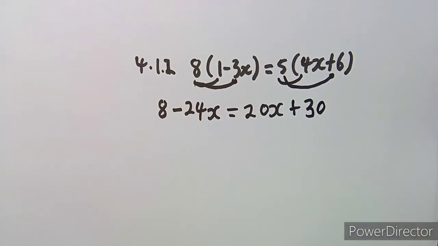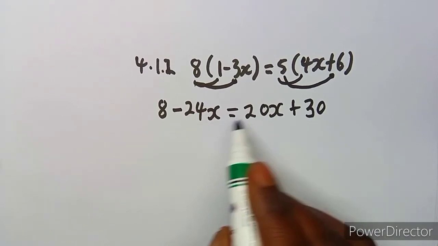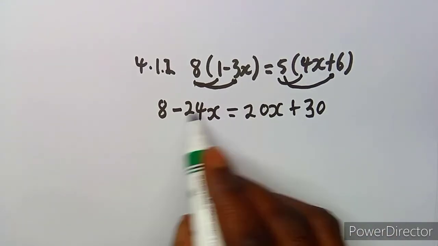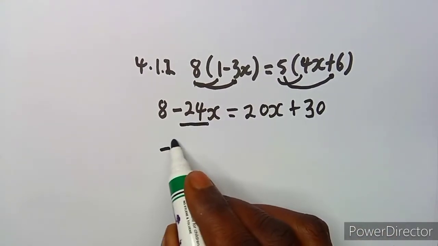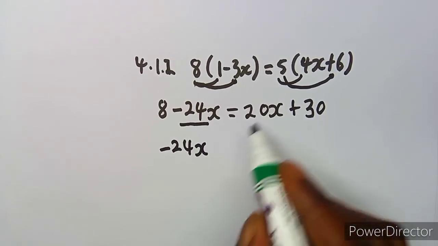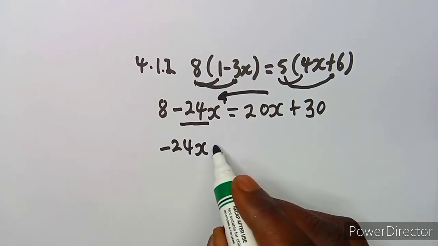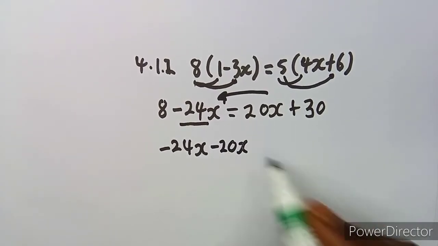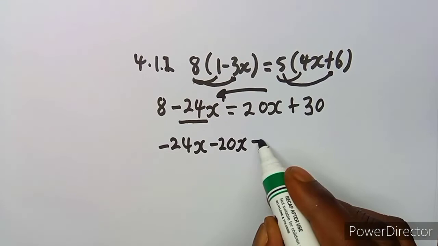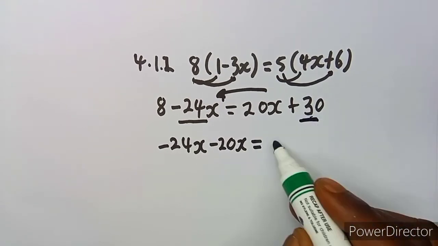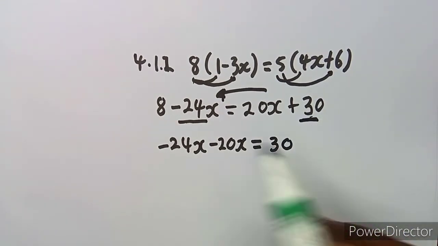Then just like the previous part, guys, you have to collect like terms. Depending on which part you take, you can collect either way. So I can choose to remain with this negative 24x here and transpose my 20x to this side, so it's going to be minus 20x, which is equal to 30.